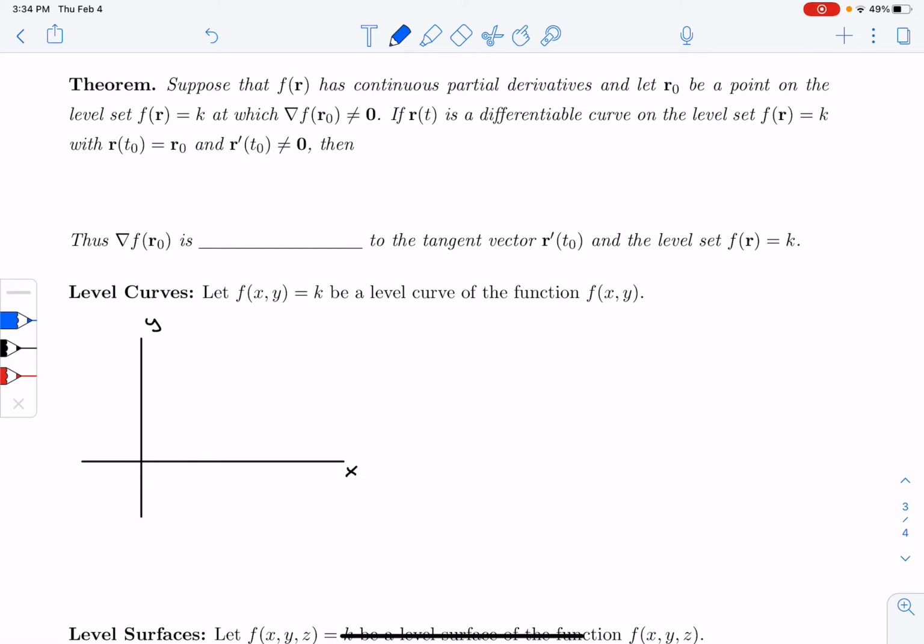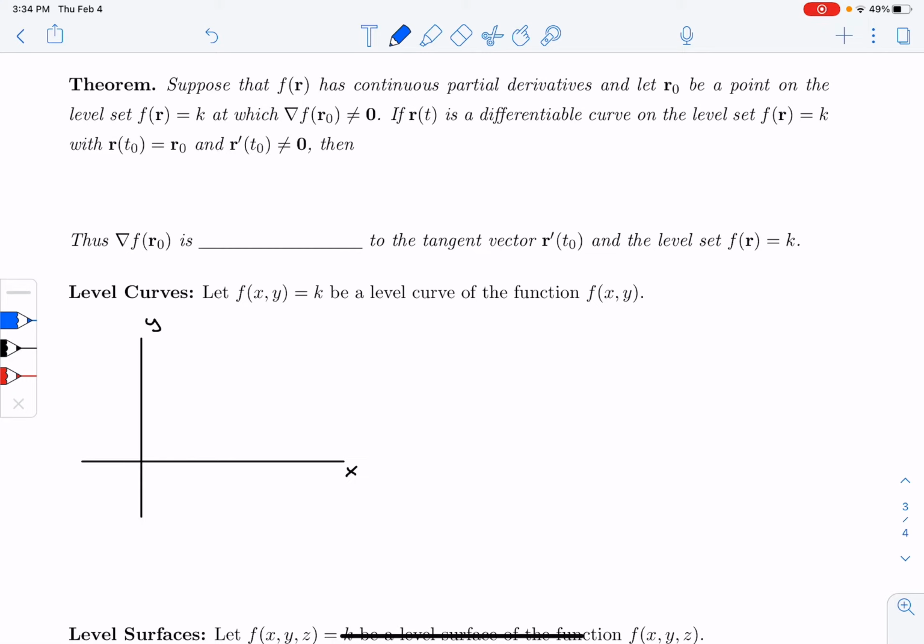So in other words, f of r0 is equal to some constant. And at this point, the gradient is not allowed to be 0. The gradient of f of r0 is not 0. If r of t is a differentiable curve on the level set f of r equals k, with r of t0 equal to r0, and the derivative of that curve is not 0, then what can we say?